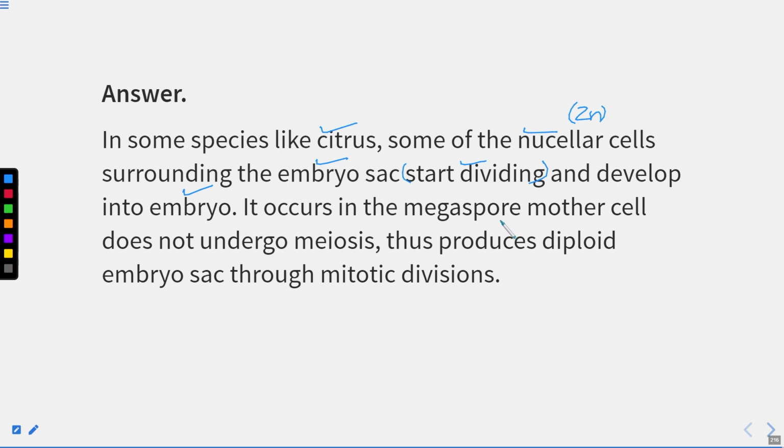This occurs in the megaspore mother cell which does not undergo meiosis, thus produces diploid embryo sac through mitotic division. Here mitosis is occurring and there is no meiosis. So the cells of the nucellus which are diploid, they directly give rise to the embryo sac. So all the cells in this embryo sac will be diploid, which will give rise to a diploid embryo.